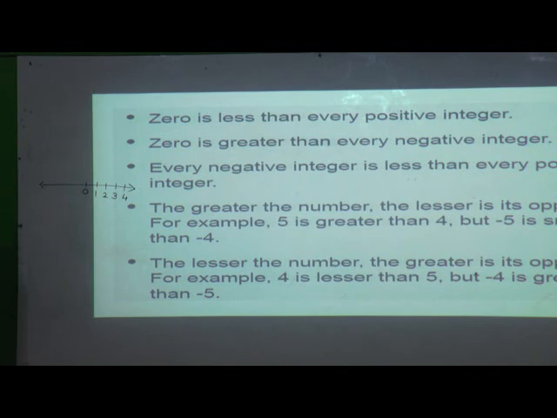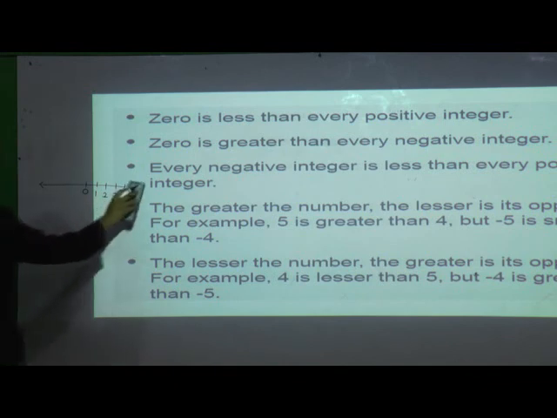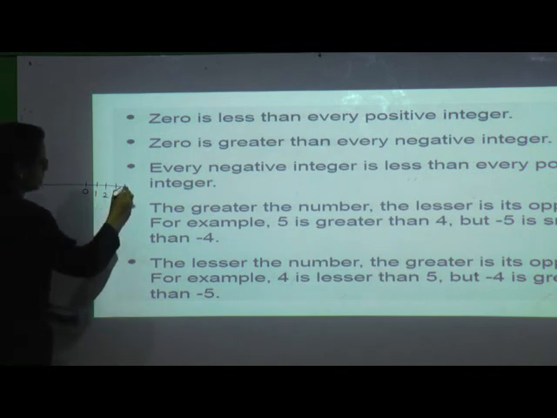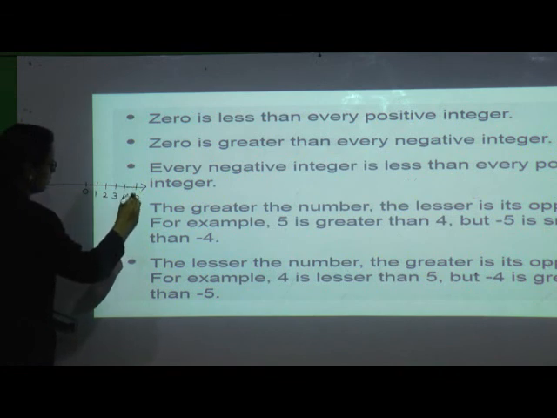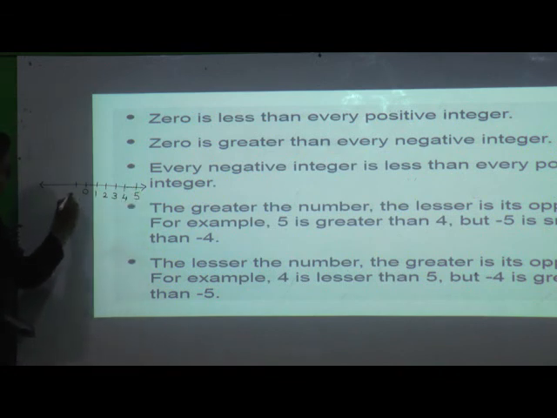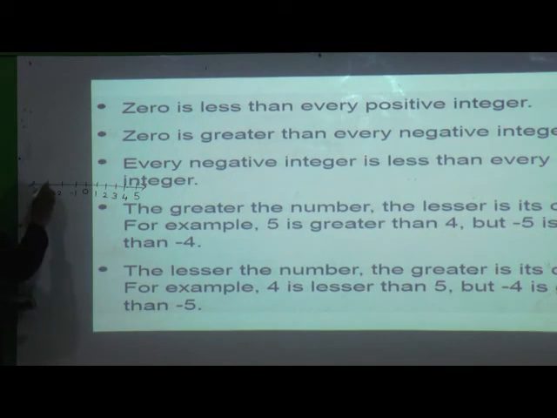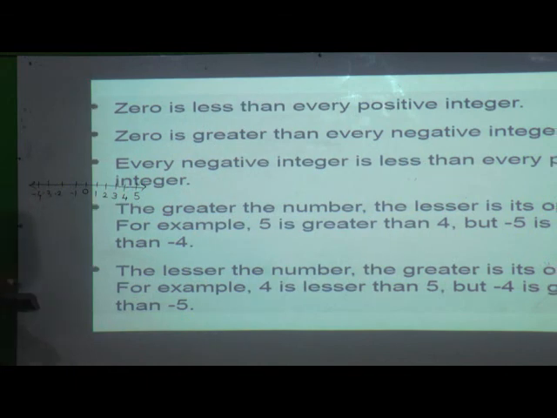Let us take 5 also. 5, and if we move towards left, we have minus 1, minus 2, minus 3 and minus 4. Okay, so the greater the number, the lesser is the opposite. For example, 5 is greater than 4.